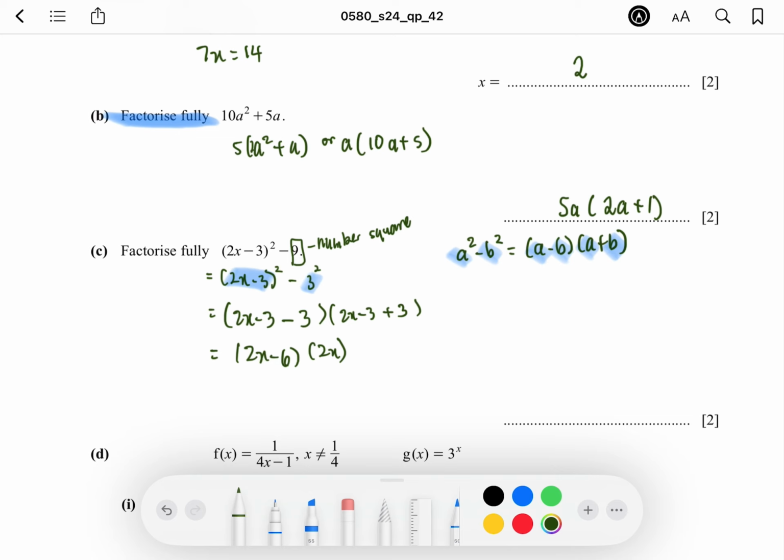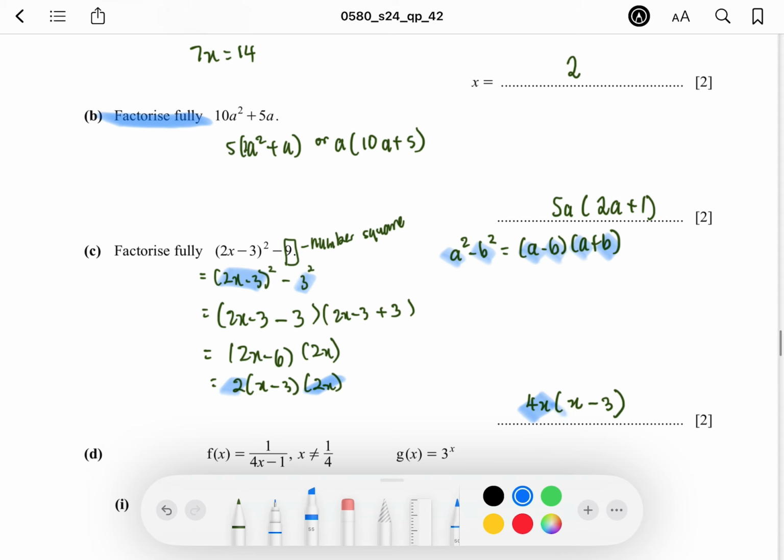It would be 4x. Okay, alright. So this term and this term can be simplified into 4x.